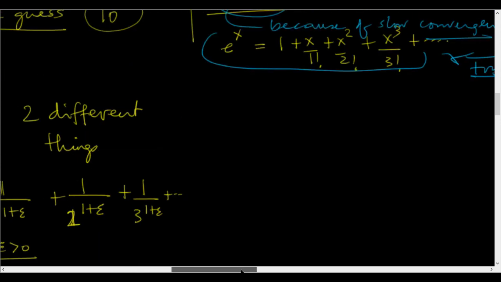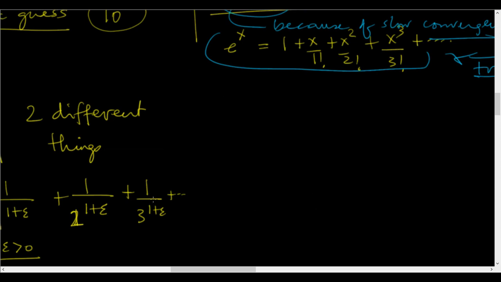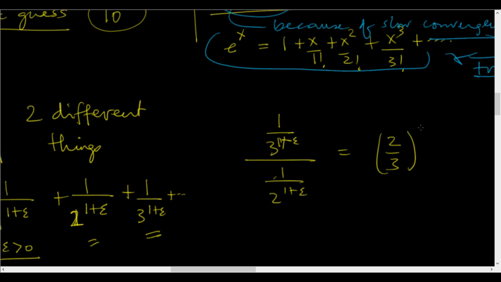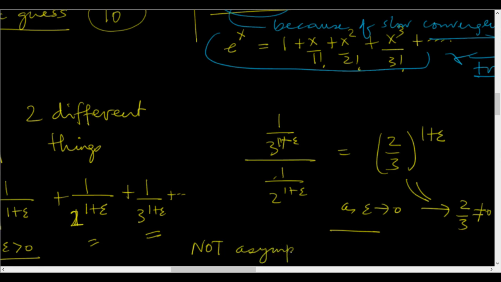Yes, but if we look at the third term by the second term, it is 1 over 3 to the 1 plus epsilon over 1 over 2 to the 1 plus epsilon, which is equal to 2 by 3 to the power 1 plus epsilon, and as epsilon goes to 0, this thing just goes to 2 by 3, which is not 0. Therefore this is not asymptotic. Okay, it is convergent, but it is not asymptotic.